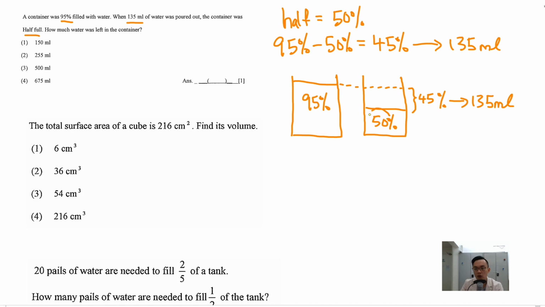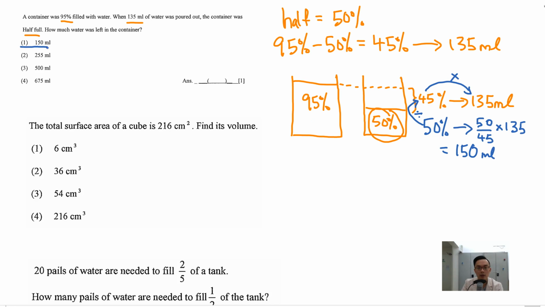I'm looking for 50%. So 50% is, how do you do it? Take this, divide, times. So 50 over 45 times 135 equals 150. And this is volume, so it's ml. Alright, so the answer is number 1.